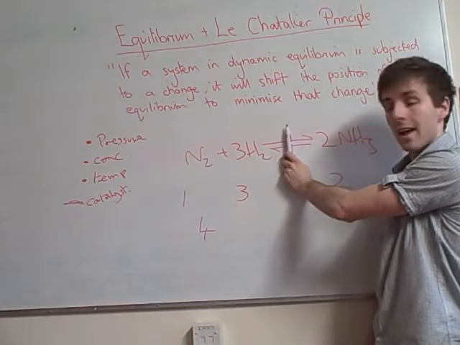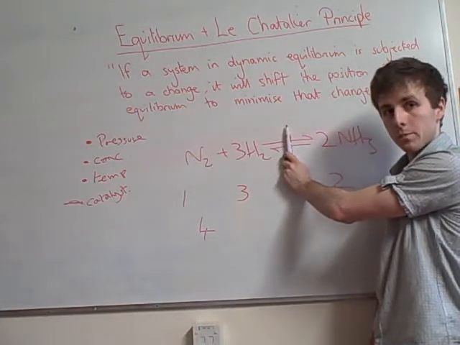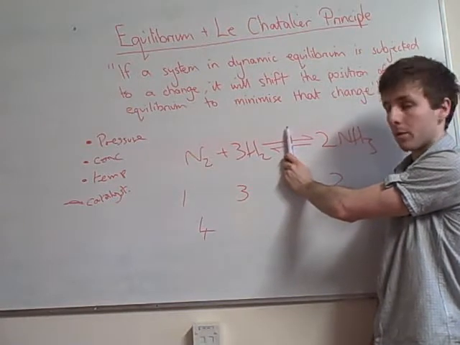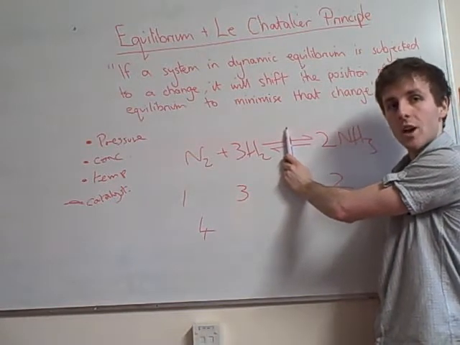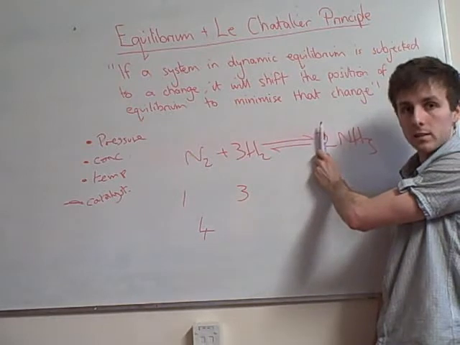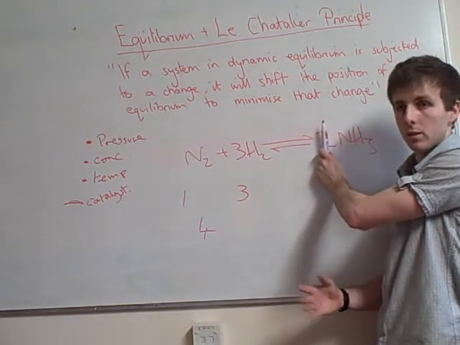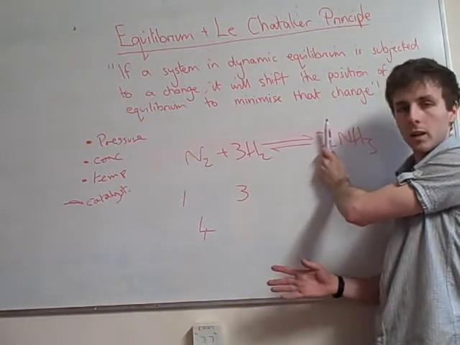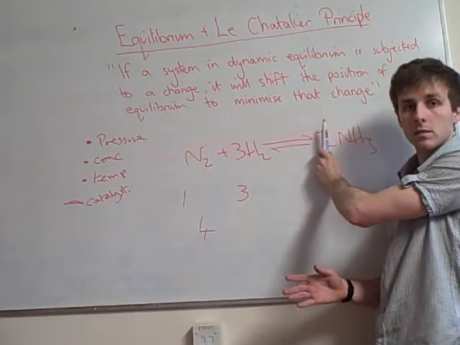So basically, if I increase the pressure, the position of equilibrium will move to the side with the least moles of gas. Not moles of everything, it doesn't matter about solids or liquids, just the least moles of gas.